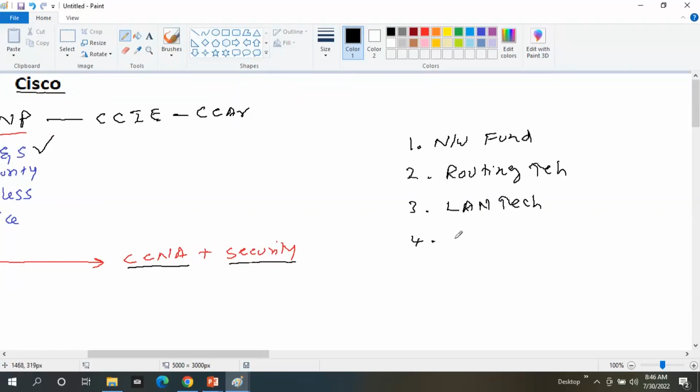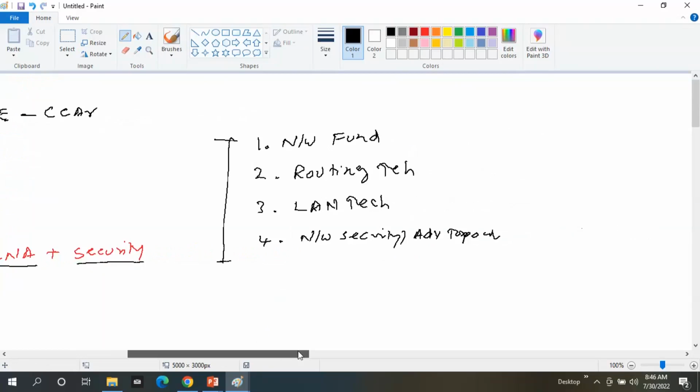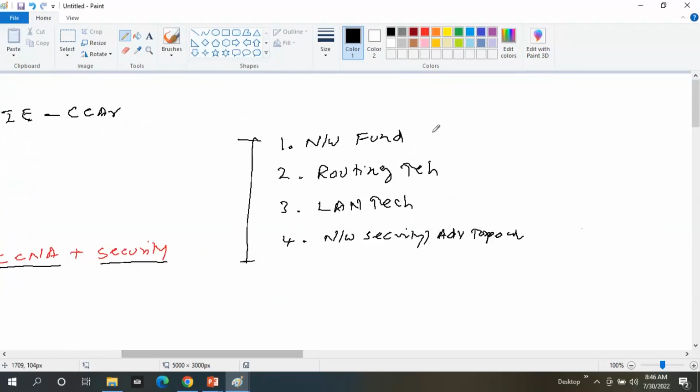In the last week, network security and some advanced topics. So this is our target, guys: 4 weeks of training. Today I'll start with some network fundamentals.